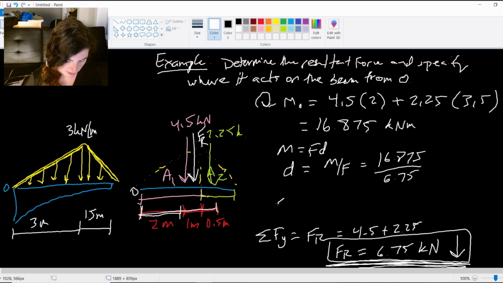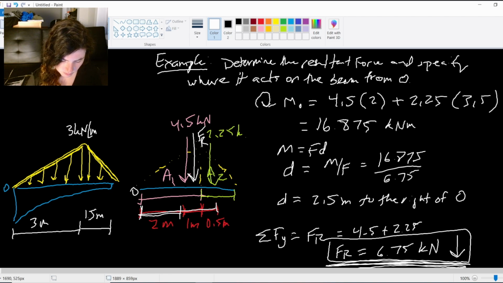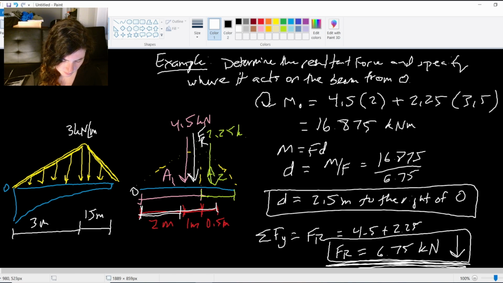And I get that it is acting at a distance of 2.5 meters to the right of O. These in the boxes would be my two answers.